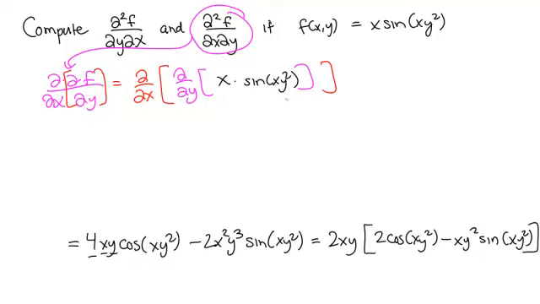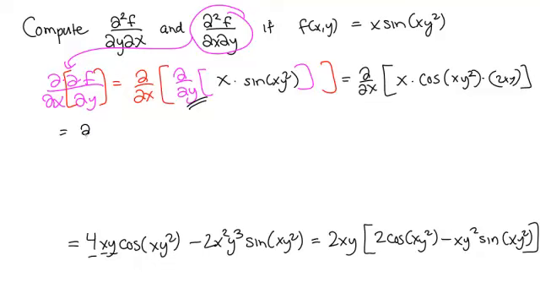Now notice that when we differentiate this expression with respect to y, I don't need to use the product rule on it, because the x just comes along for the ride. So we're going to have the cosine of blank times the derivative of blank. The blank is xy squared, and when we differentiate with respect to y, we're going to get 2xy. So that means we're going to take the partial derivative of 2x times y times the cosine of xy squared.